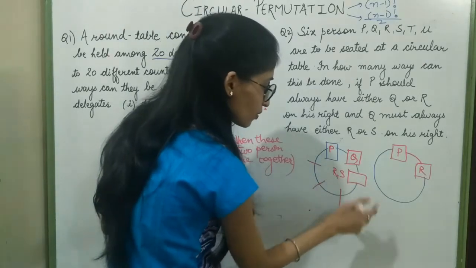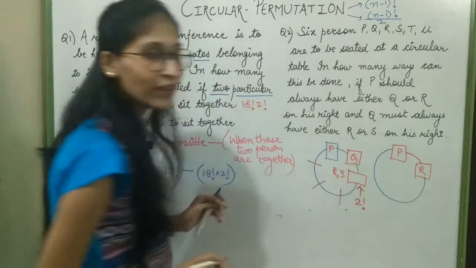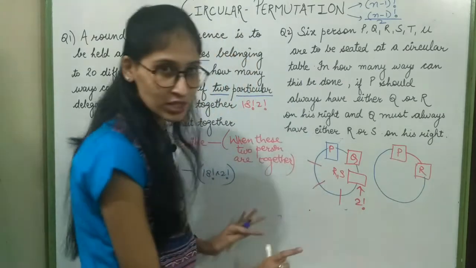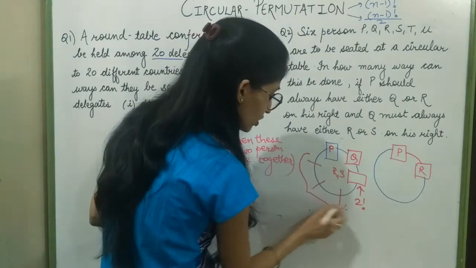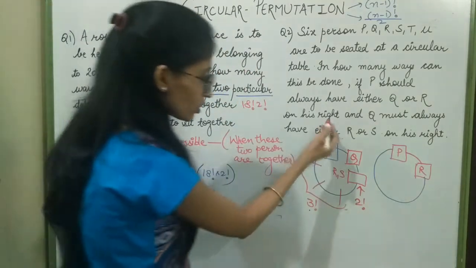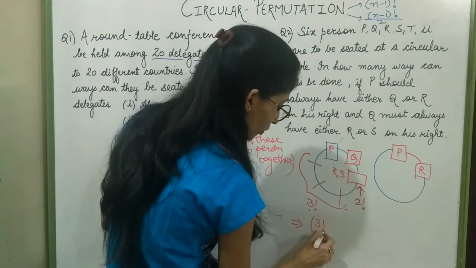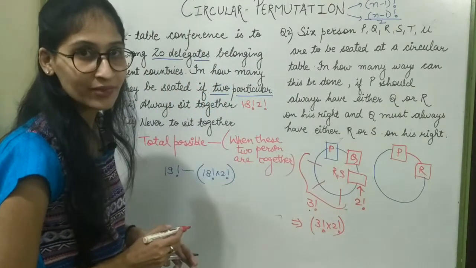So for this position, the total possible arrangement is 2 factorial, and for the remaining three positions, the total ways to arrange is 3 factorial. So the answer to my first case will be 3 factorial multiplied by 2 factorial.